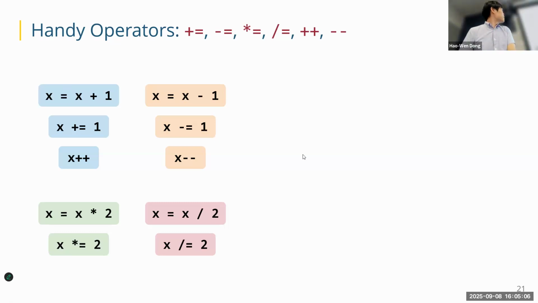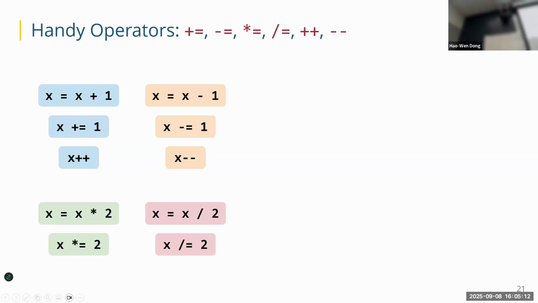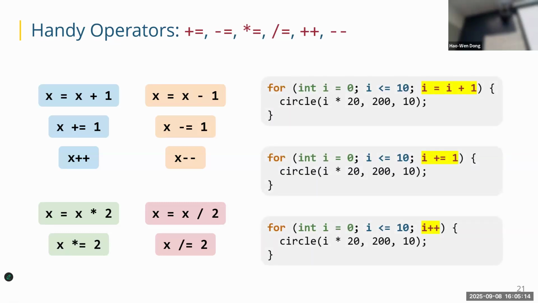Here I have an example: for integer i equals 0, i smaller or equal than 10, i equal i plus 1. That's the original form. You can do i plus equal 1, and the most iconic one is likely i plus plus. So this is basically how you can loop over an integer from 0 all the way to 10.